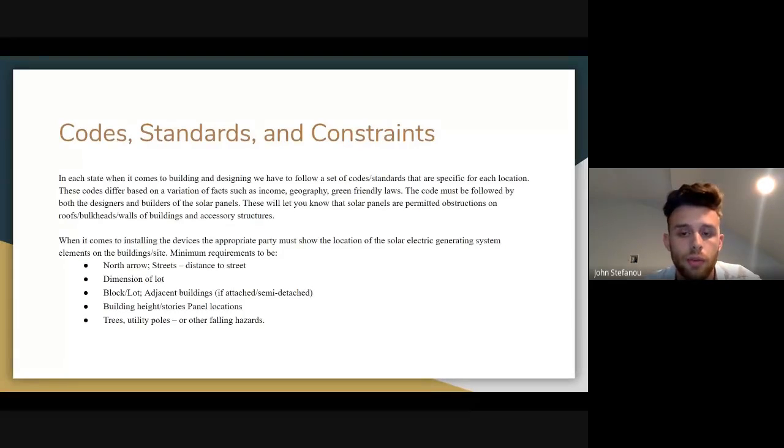The code has to be followed by the designers and the builders of the solar panels. A couple of setbacks or regulations that have to be put into play would be permitted obstructions, things like that, and compliances, for example, with the fire department, FDNY, or DEP, the Department of Environmental Protection, and the DOT, which is the Department of Transportation.